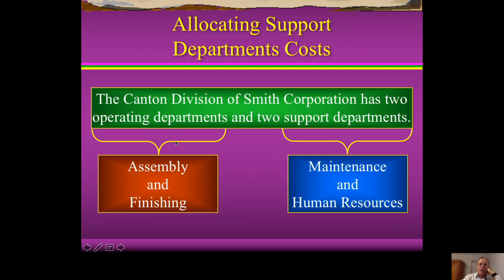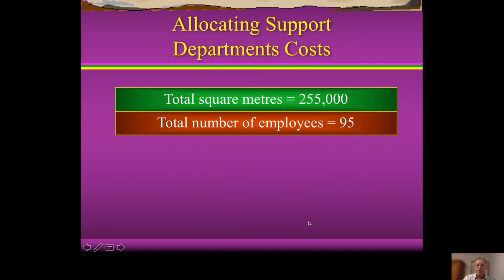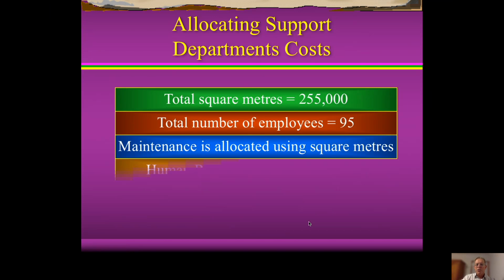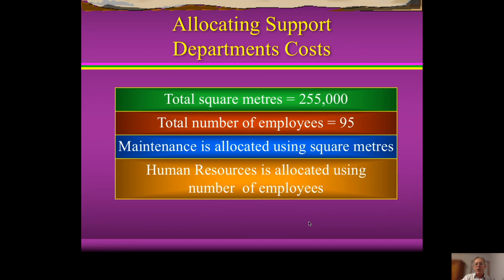Our case study that we'll be following tonight has two production departments, assembly and finishing, and the support departments, maintenance and human resources. We're trying to find a way of sharing the costs. A common sense approach would be that the bigger the area you take up in the production facility, the factory, the more maintenance you'll need.